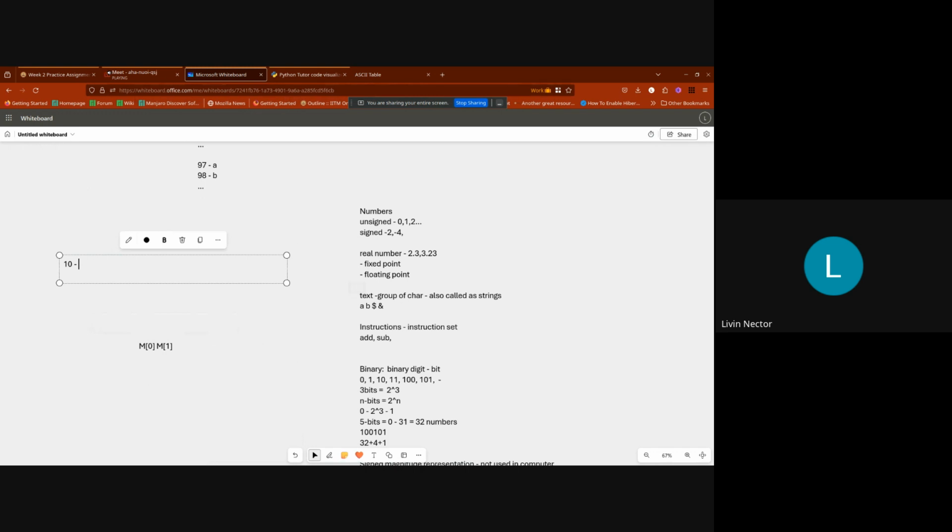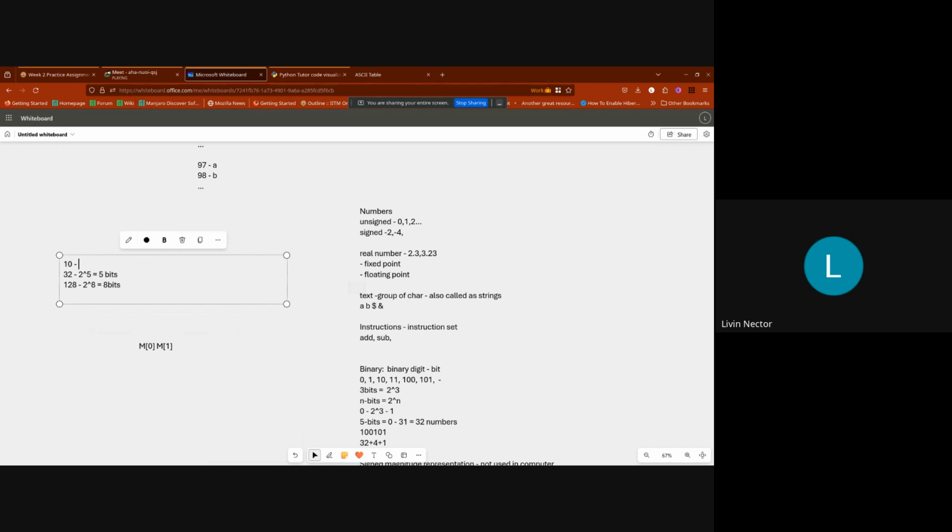To represent 10 values, how many bits do we need? So to represent 128 values, which is 2 power 8, we need 8 bits. Correct? So to represent 32 values, which is 2 power 5, we need 5 bits.